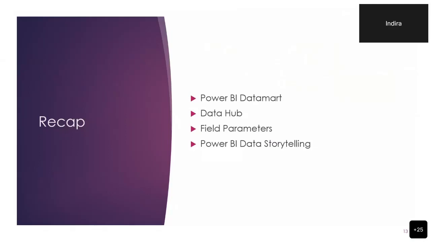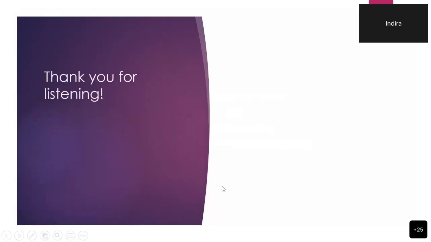You have seen the different use cases for field parameters, how useful it is, and also the Power BI data storytelling with PowerPoint. Any questions? Otherwise, I'll stop sharing. Participants, if you have any questions, you can ask.